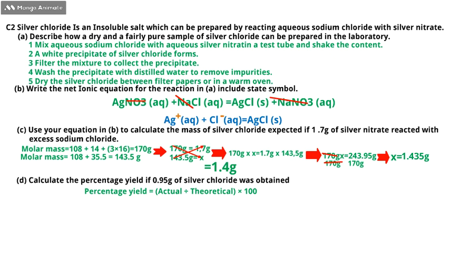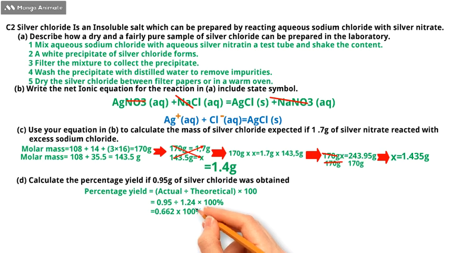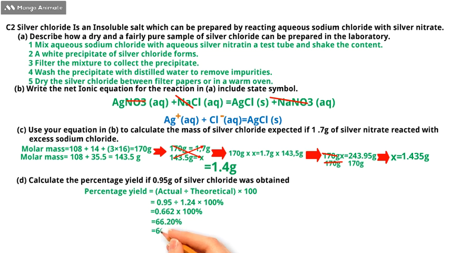Percentage yield is 0.95 divided by 1.24 times 100, which will give us 0.662. Then we multiply 0.662 by 100%, which will give us 66.20%. Rounded to a whole number, the percentage yield is 66%.